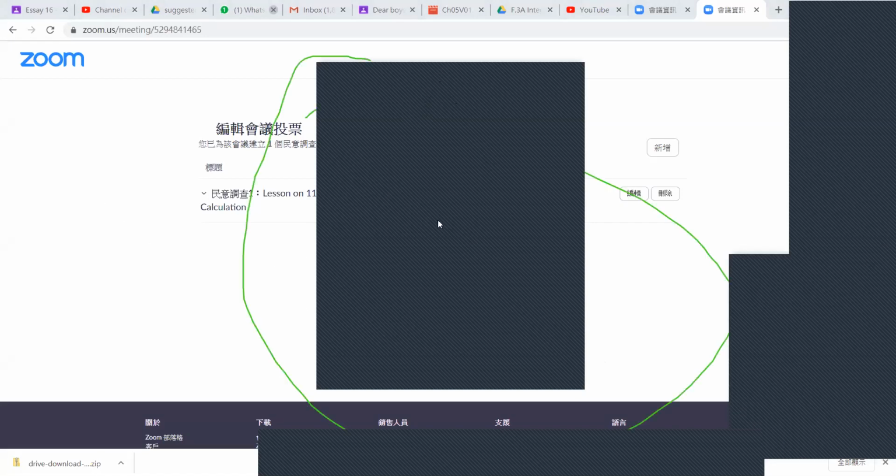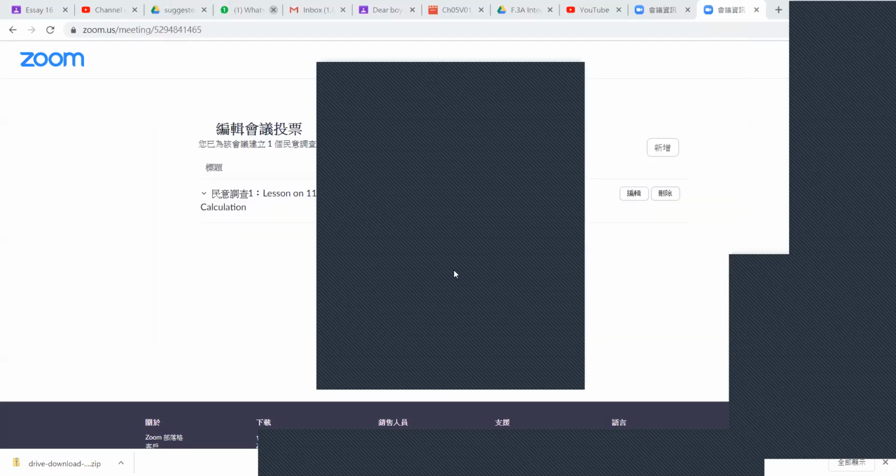I need to capture the screen with you. I no longer have the capture the screen function. How come? Oh, it doesn't matter. I will capture the screen and let you know.